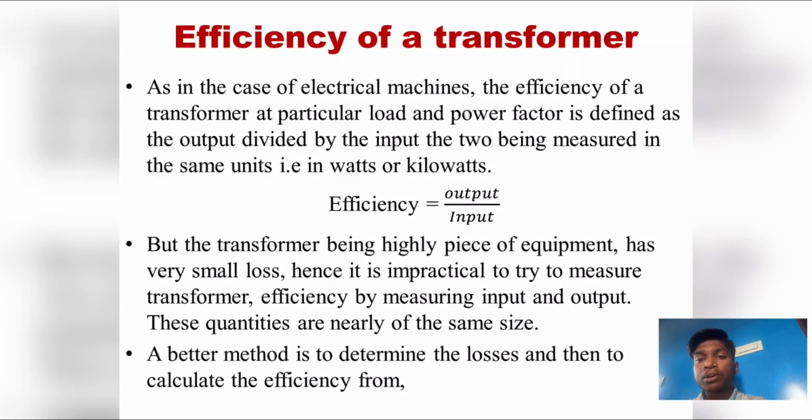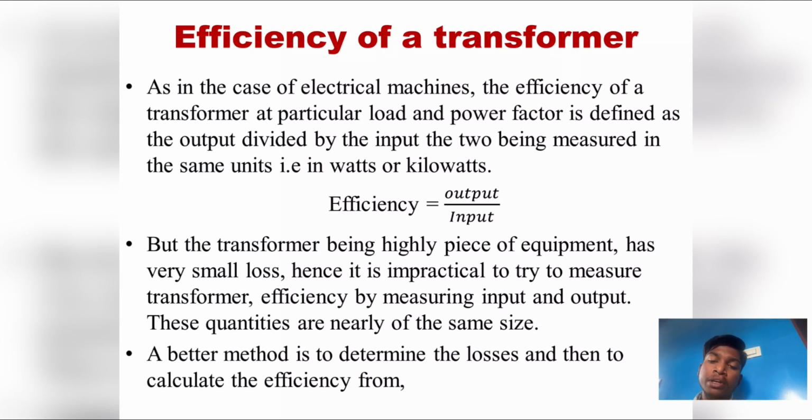And here, coming to the efficiency of a transformer, as in the case of electrical machines, the efficiency of a transformer at a particular load and power factor is defined as the output divided by the input, the two being measured in the same units, that is in watts or kilowatts. Efficiency equals output by input.